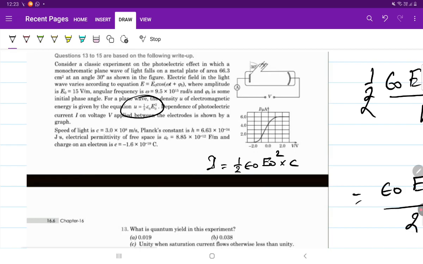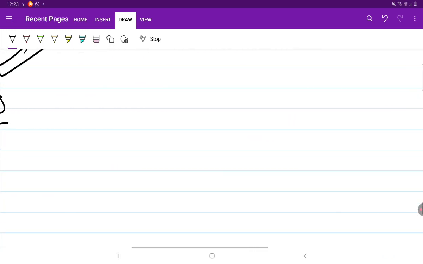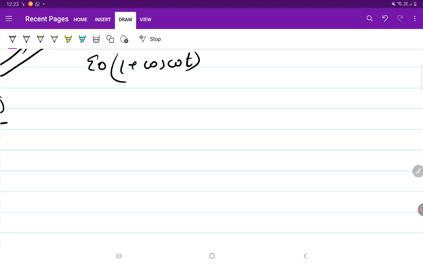One more concept to discuss about EM waves: you may be given questions with complicated trigonometric functions of the light. Suppose E naught (1 plus cos omega t) into cos omega t. In this kind of question, it is basically the superposition of the electric fields of two different waves of different frequency. Just separate the two waves.